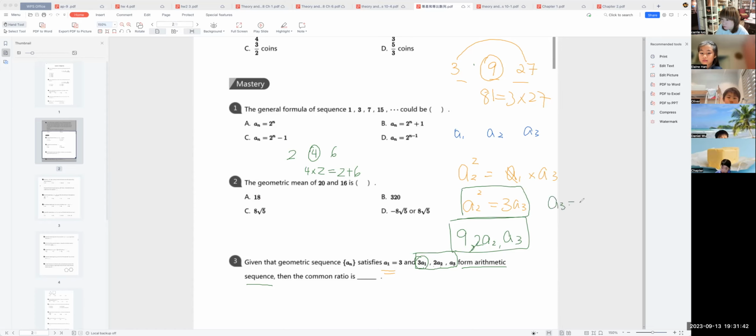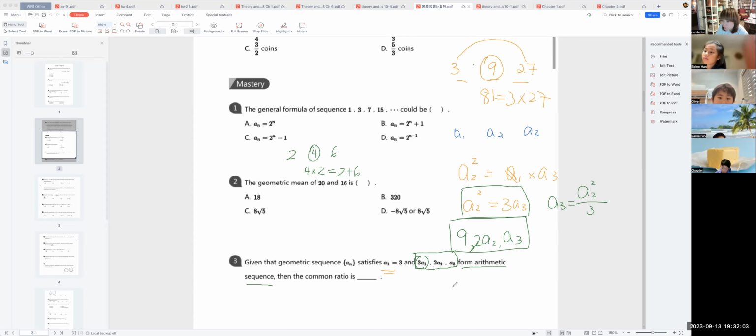So A3 equals what? A2 squared divided by 3. Did you get this part? Did you get this part, everybody? Because A2 squared equals 3A3. So A3 equals A2 squared divided by 3.